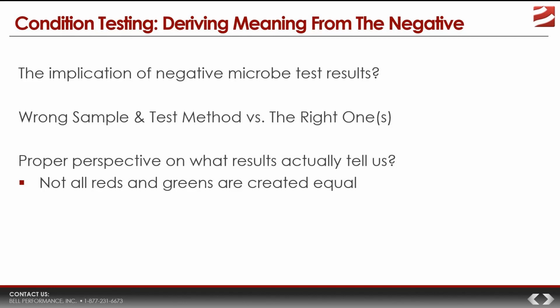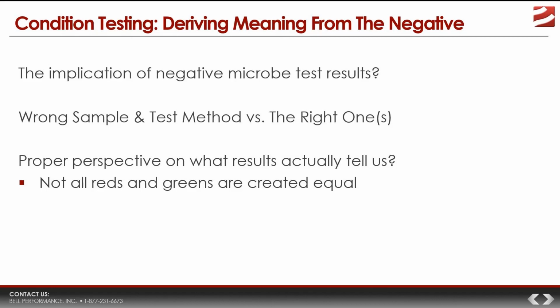And we already know that 1 million microbes of one kind, one species, one type, may not be equivalent from a will-it-cause-a-problem standpoint to 1 million of another kind, or even 10,000 of another kind, or 10 million of another kind. It all depends. And so not all reds, and not all greens, and not all yellows are created equal. It depends what's in those greens and those reds and those yellows, the kinds of microbes.